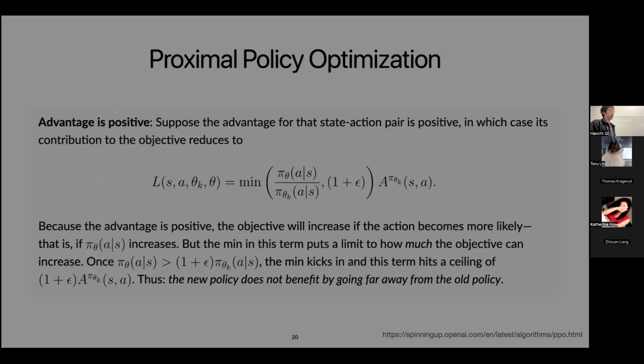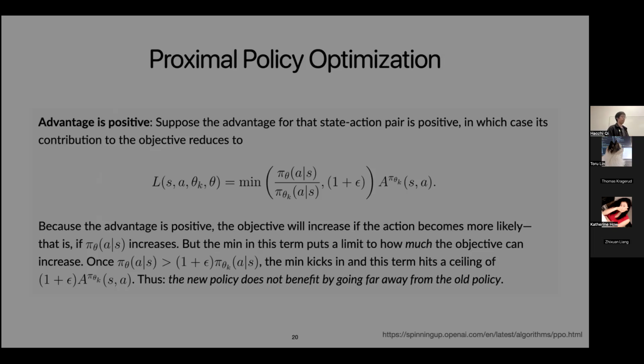But meanwhile, we also do not want the optimization to take a step too far away from the current policy, because of the policy collapse problem. So what we do is we consider these ratios. We want these ratios to be greater than 1, but we do not want them to be too large. So we will have a clipping term, which is 1 plus epsilon.